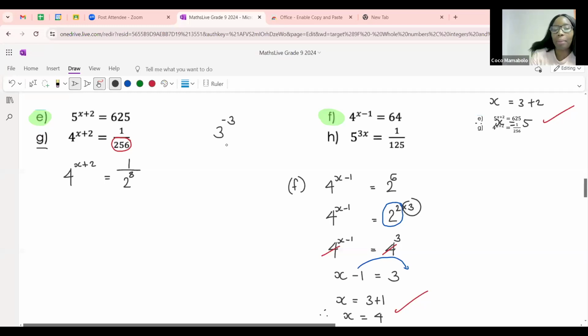Okay, I'm going to have to put it over 1. And then I'm going to have to flip them. This one will come to the bottom, and that one will go to the top, right? So my answer would end up as 1 over 3 to the power of 3.